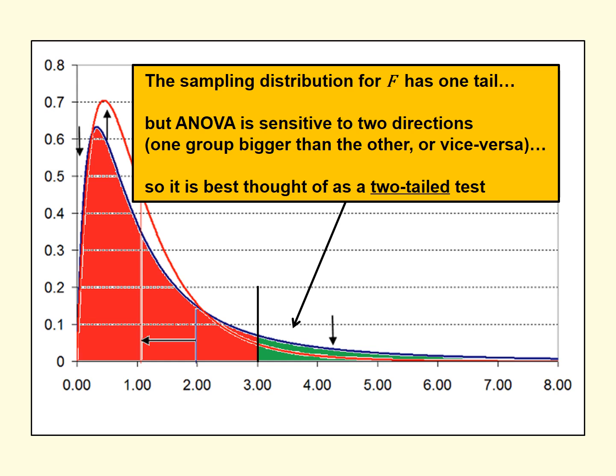And so what we typically do is think of the probability associated with rejecting the null hypothesis as piling up on one end of the distribution. That said, an ANOVA can be done to test a directional hypothesis. Just as I did in this example with the t-test, you could do an ANOVA with just 2 groups, and you could predict that one group is bigger than the other.